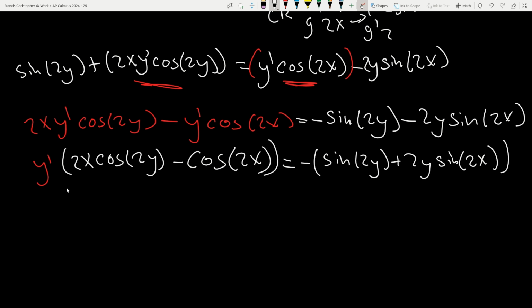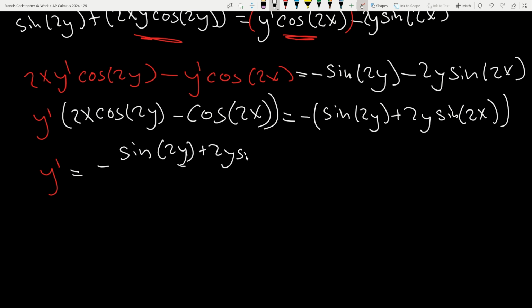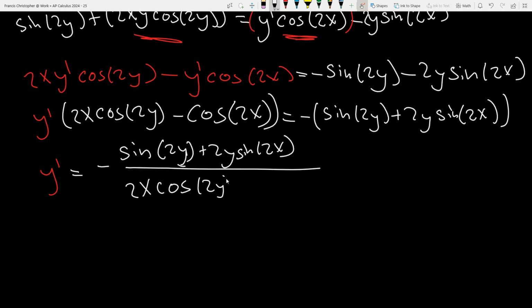Now we just have to divide everything by this term, which is going to look really ugly, but oh well. So negative sine of 2y plus 2y sine of 2x divided by this entire mess. So cosine 2y minus cosine of 2x.